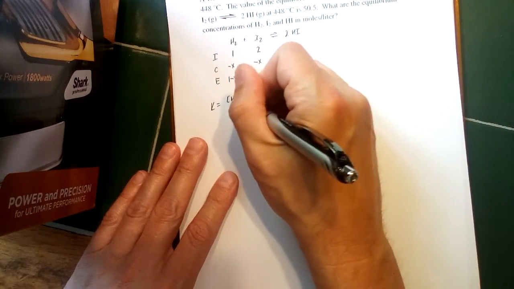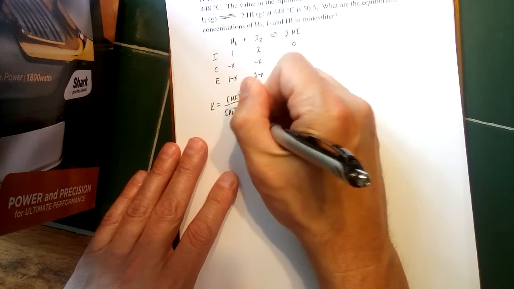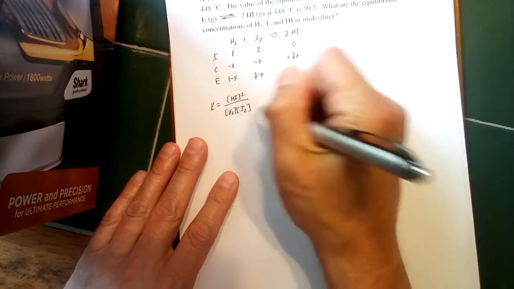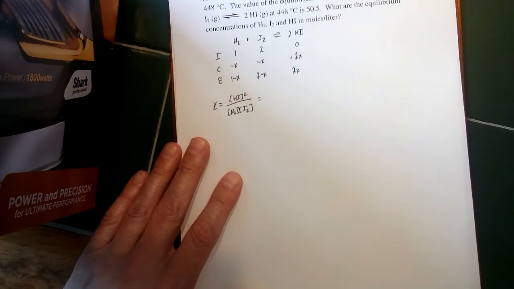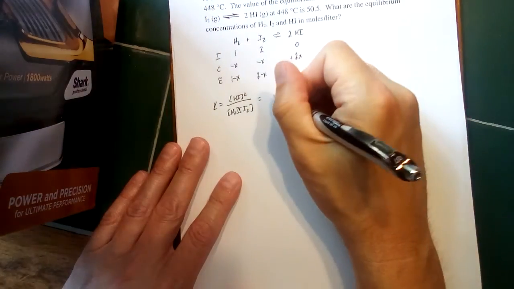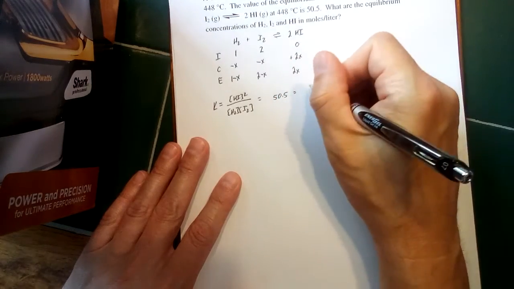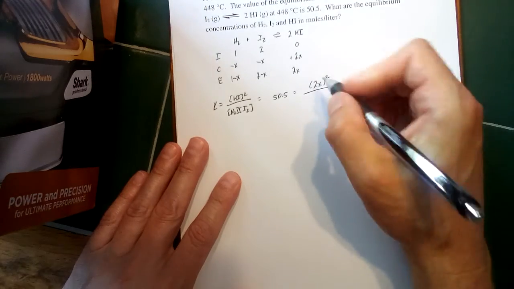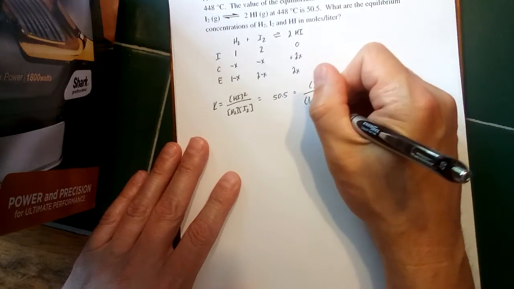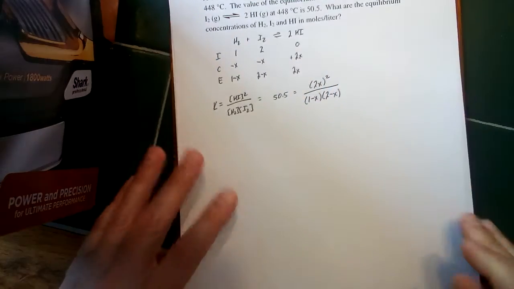It's going to be HI concentration squared over H2 and I2. Let's plug in our value for the equilibrium constant as well. That's 50.5. And HI is 2x, so up on top here we'll have the quantity 2x all squared. Down on the bottom we'll have 1 minus x times 2 minus x.